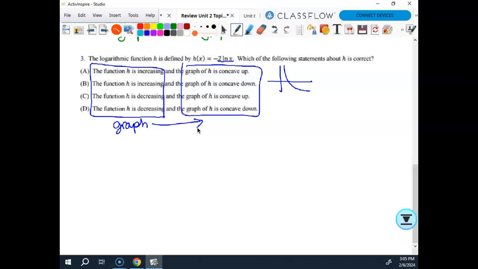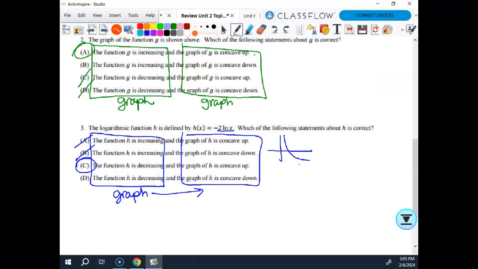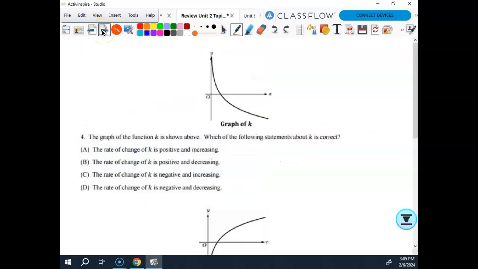So I don't need the fun chart. We're not talking about rates anywhere. So I can see that this is decreasing. So those get eliminated. And it is concave up, which makes this C. Okay? All right. Next page.